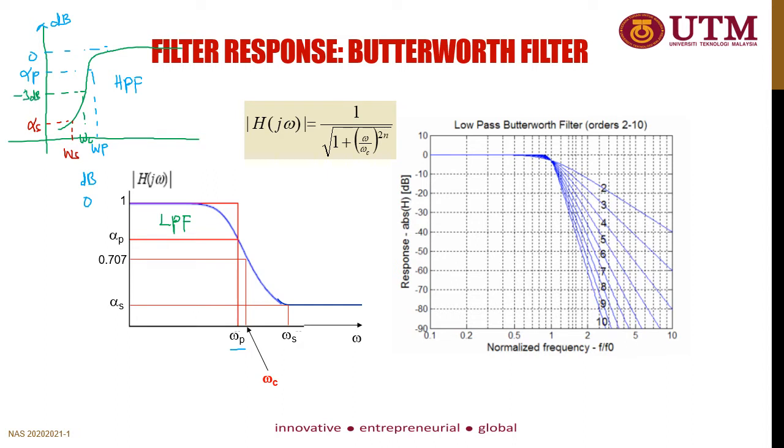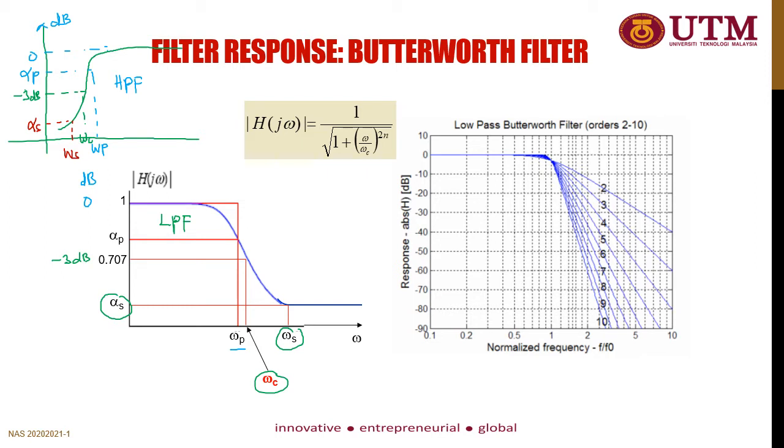While for the low pass filter, again here is minus 3 dB. So you have the omega c, and then alpha s, you have the omega s for the low pass filter or low frequency filter. But for the high pass filter, you have the passband area on the right hand side.